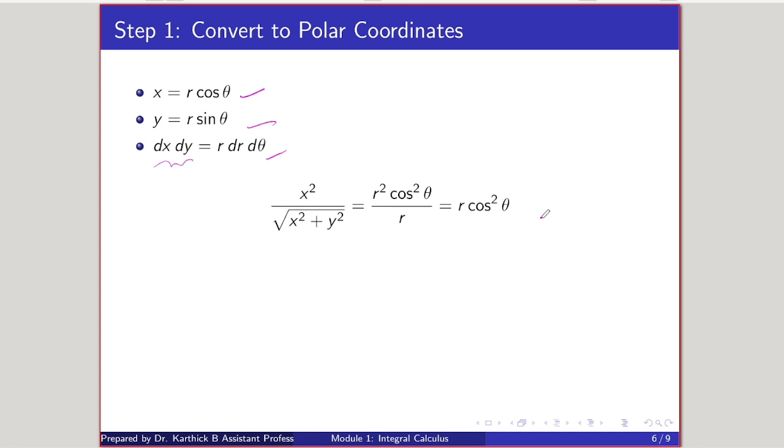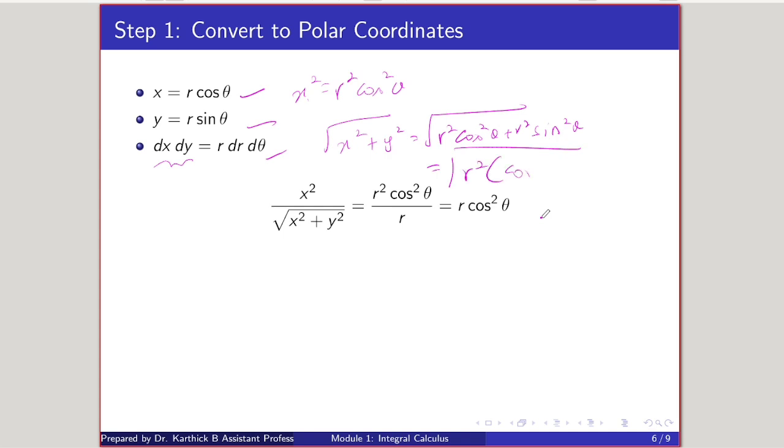So first we make a conversion. Here x will be r cos theta, then x square will be r square cos square theta. Then we need the square root of x square plus y square. Here it will be r square cos square theta plus r square sin square theta. r square is common, so we get r square times cos square theta plus sin square theta.